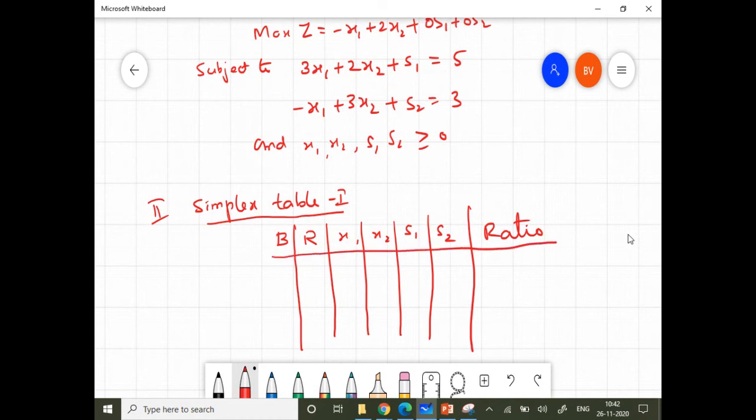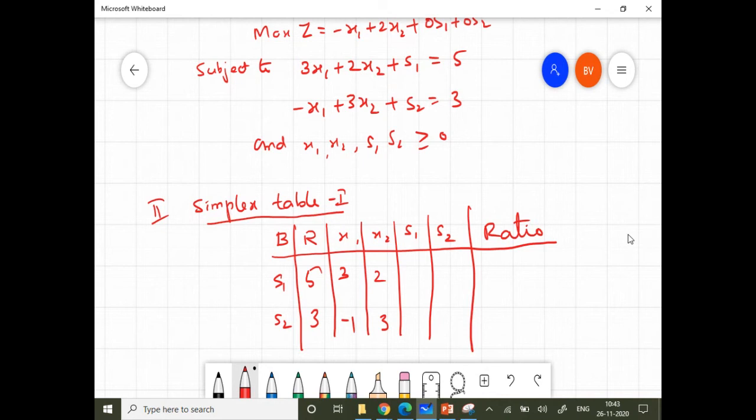And we know B stands for basic variable. Immediately write S1, S2. R is the right hand side: 5, 3. And these values should be used in the table. X1 column is 3 and negative 1. X2 column is 2, 3.